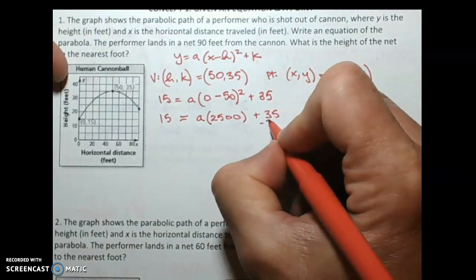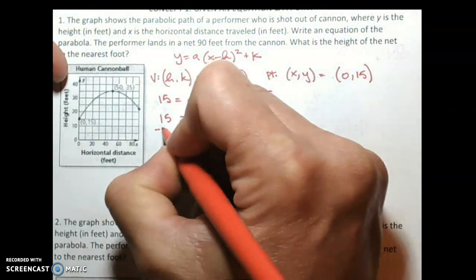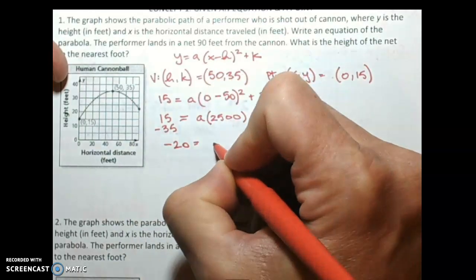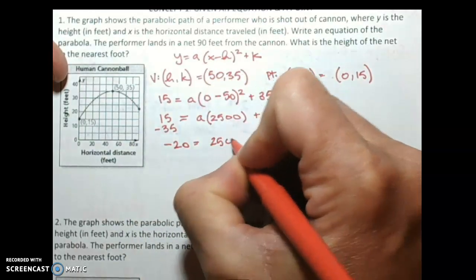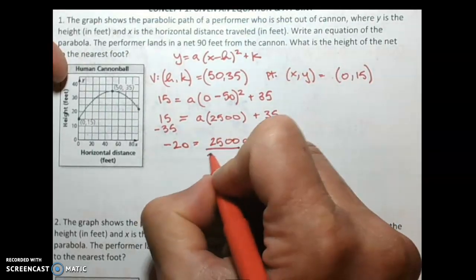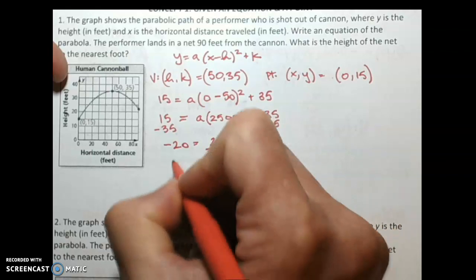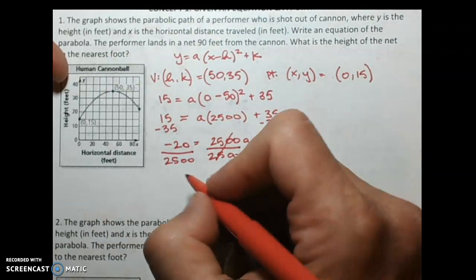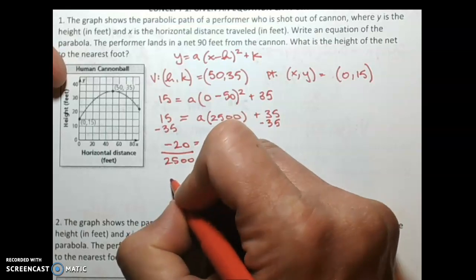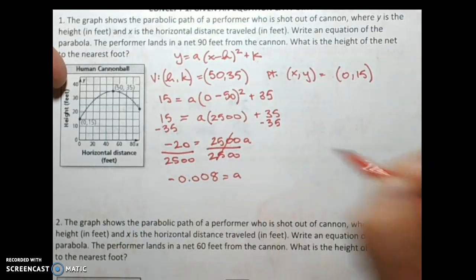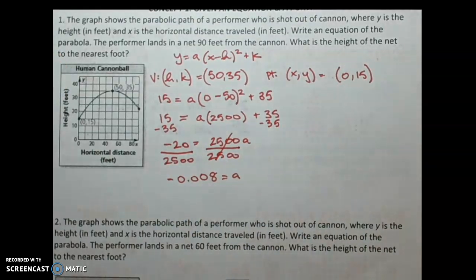I'm going to go ahead and isolate a, so I'm going to subtract 35 from both sides, so I get negative 20 equals 2,500a. To solve for a, I divide by 2,500 on both sides, and that gives me negative 0.008 equals a, and that's really what I need to find.